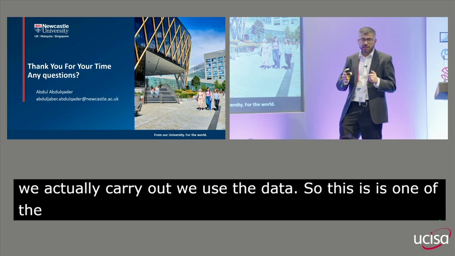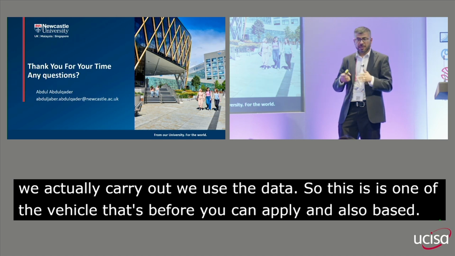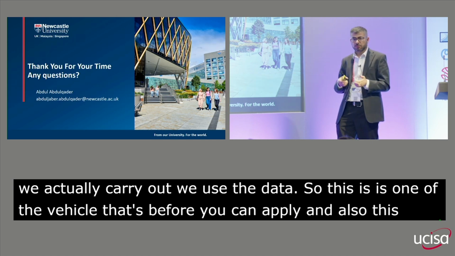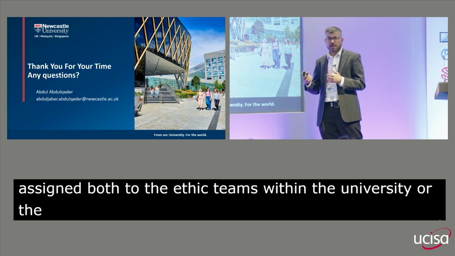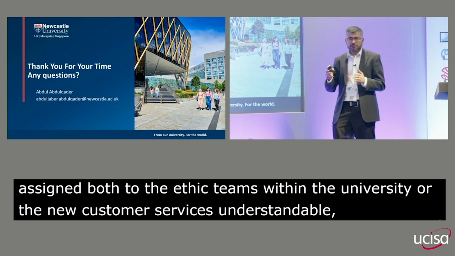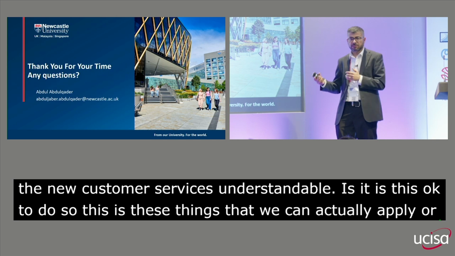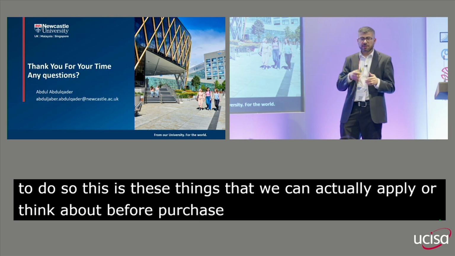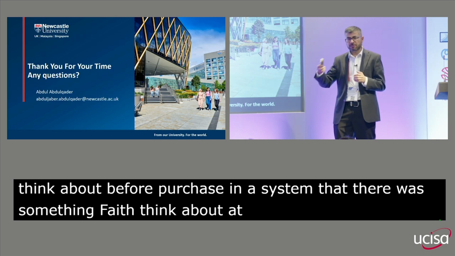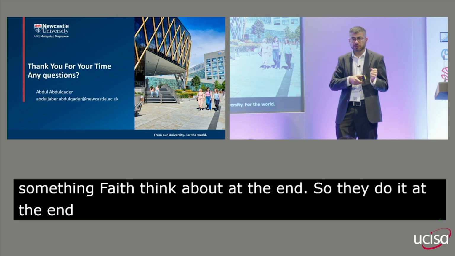There's also a signpost to the ethics teams within Newcastle University to understand whether this is okay to do. So there are these things that we can apply or think about before purchasing a system, that people sometimes think about at the end, rather than upfront as a prerequisite.